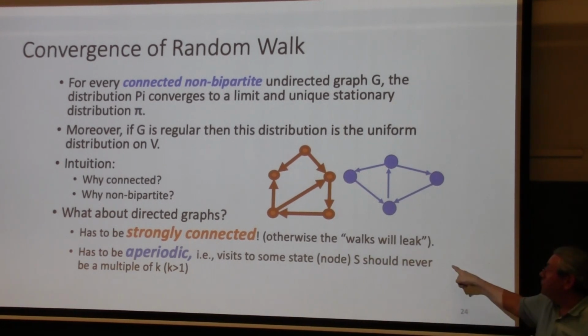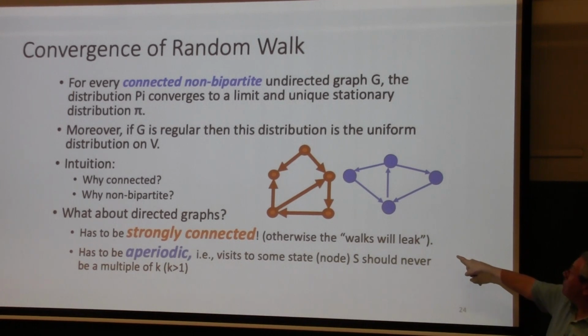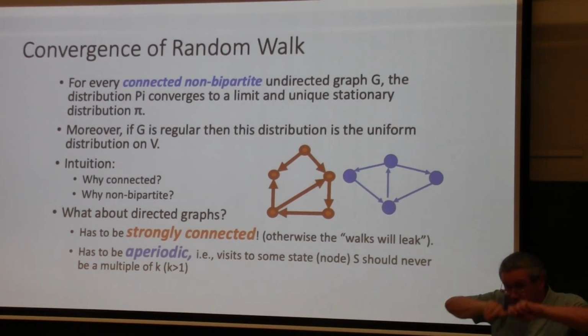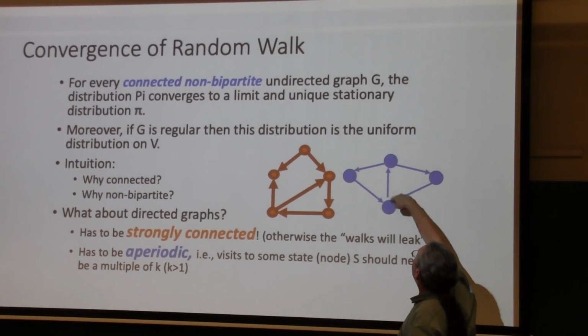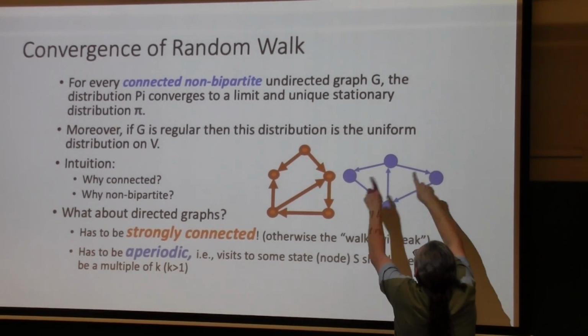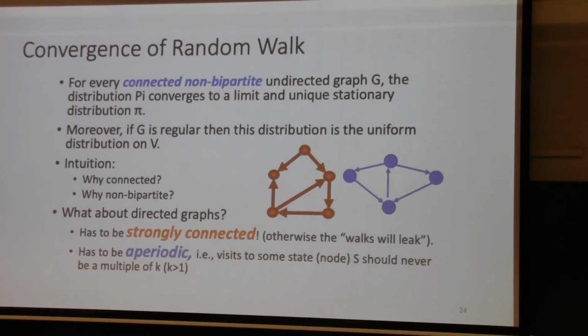So this is kind of generalizing bipartite. Visits to some node should never be a multiple of some number. So here, visits will be multiple of 3 steps, always. Well, if you do that, the whole thing's going to oscillate, okay?